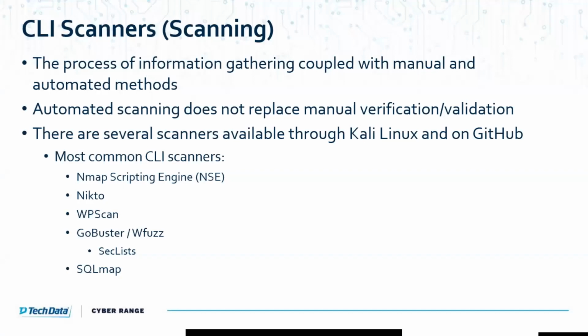So the process of information gathering is always coupled with both manual and automated processes. Most CLI scanners are automated scanning tools. However, it's important to point out that automated scanning or scanning with a CLI scanner or utility is by no means a replacement for manual verification or validation.